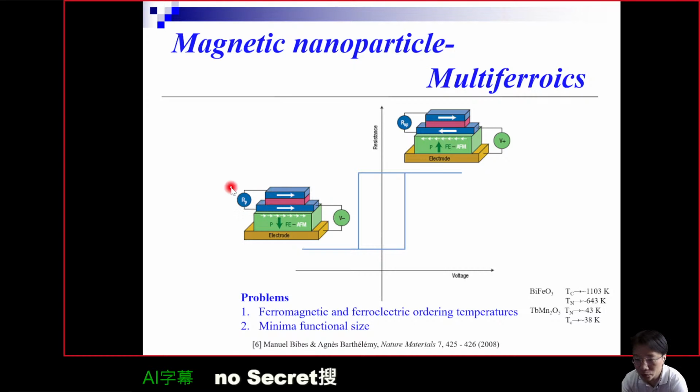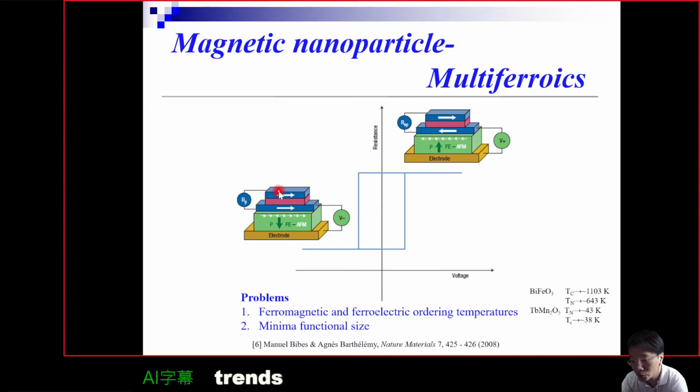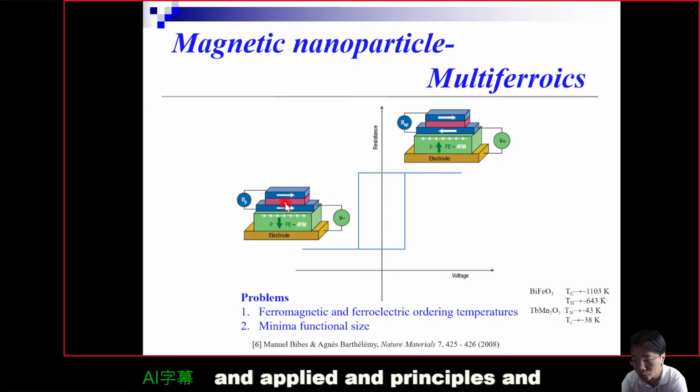So when we measure the resistance between the top three layers, we will find one thing. When we inject the current here, the electron will polarize, and this polarized electron spin will be allowed to pass through the bottom layer. So we will go to the low resistance state.